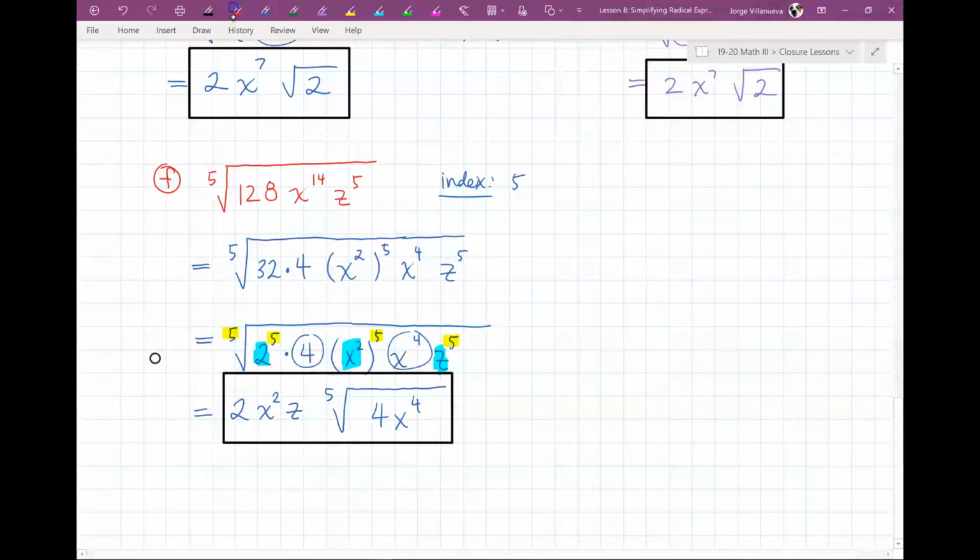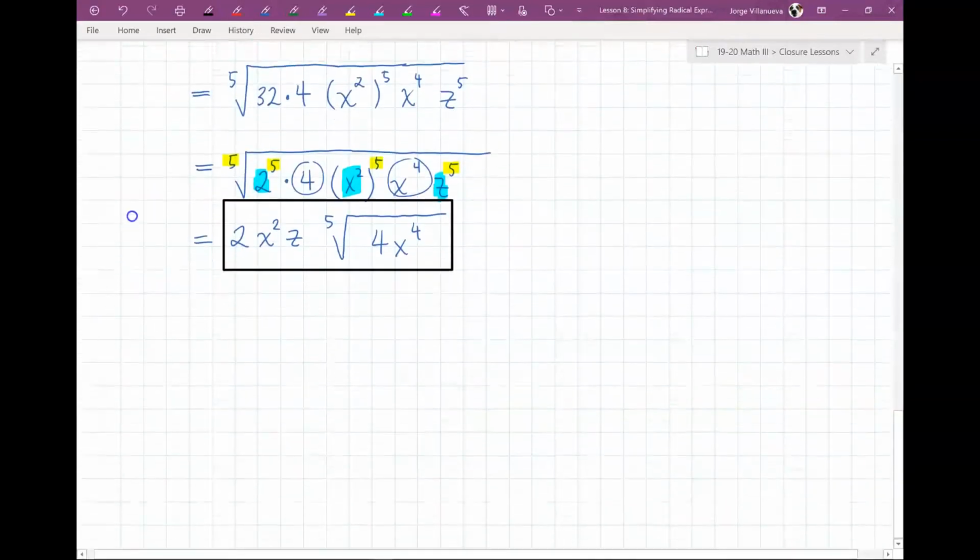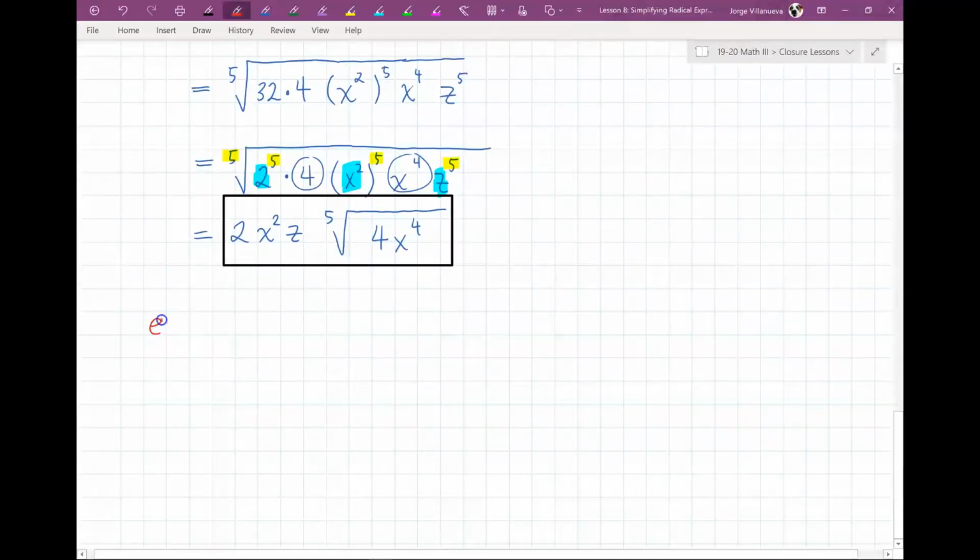Now, there's one more problem that they gave us to try. So I'm going to put example number 2. And this is an evaluate type of problem. Okay, so evaluate.